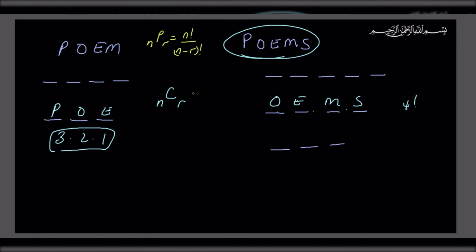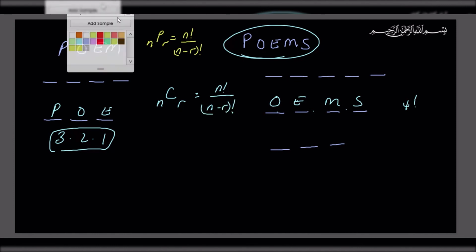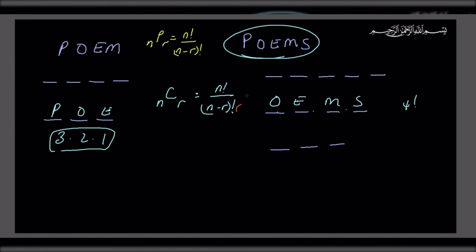And that's why this is n factorial over n minus r factorial, with an extra r factorial. The only difference between the combination and permutation formulas is this little extra r factorial. This r factorial accounts for how many different ways you can put together however many you're choosing. So if you have a combination of 5 and you're picking 4, you have to divide out the 4 factorial ways you can put together 4 letters, to give the combinations versus permutations.